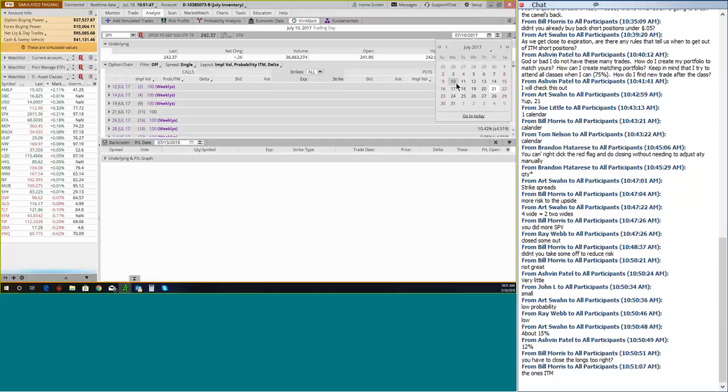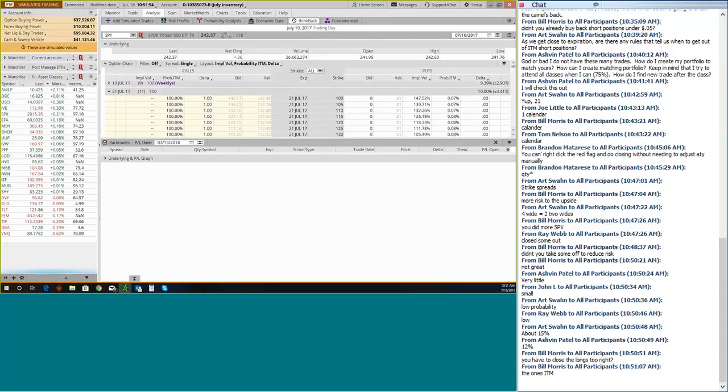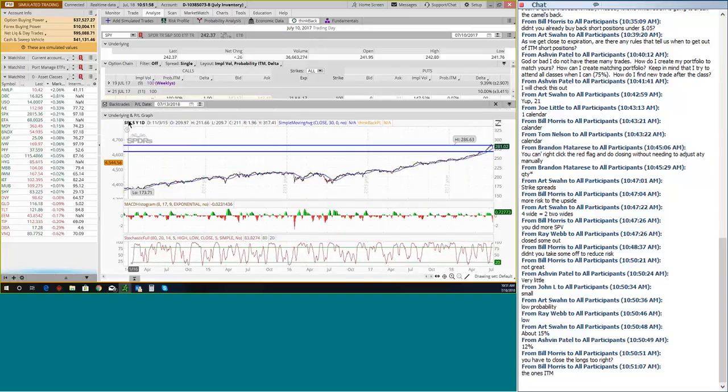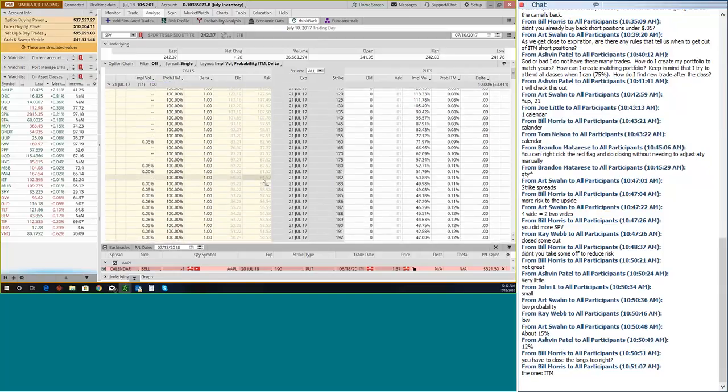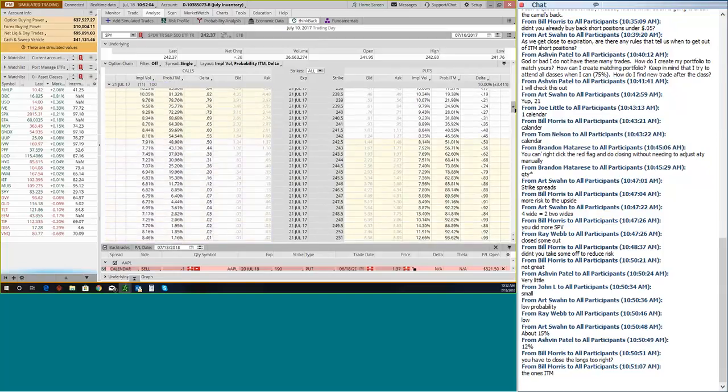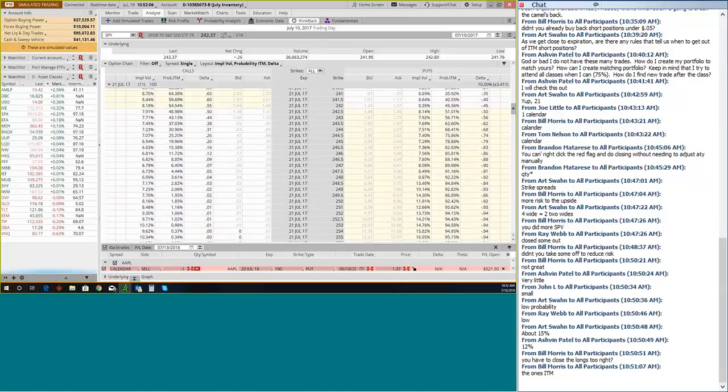So 10, 11 days to expiration. All right, it's right there, 11 days. And move this down. There we go. That's what I wanted to do. And it was 278. Remember, 278.